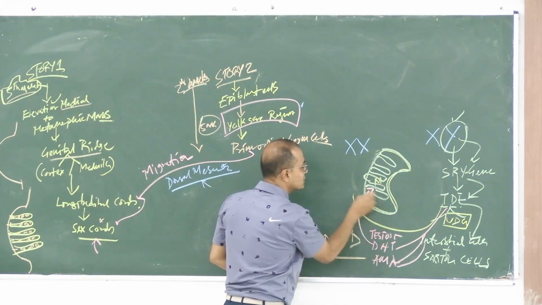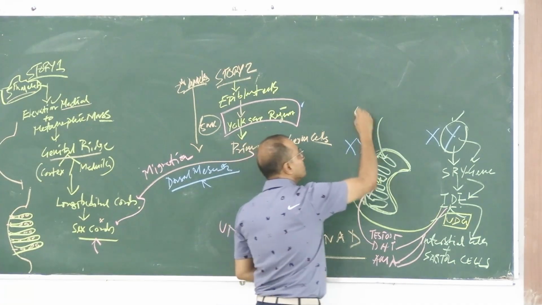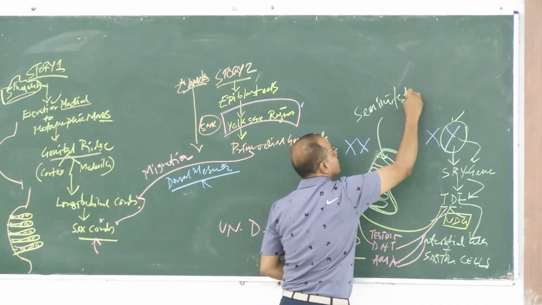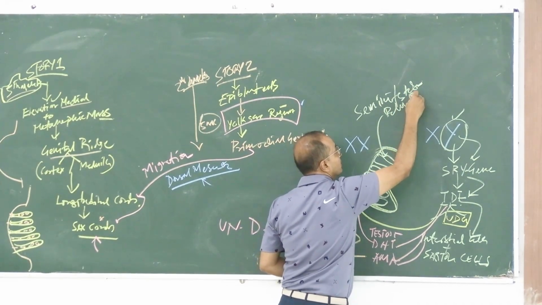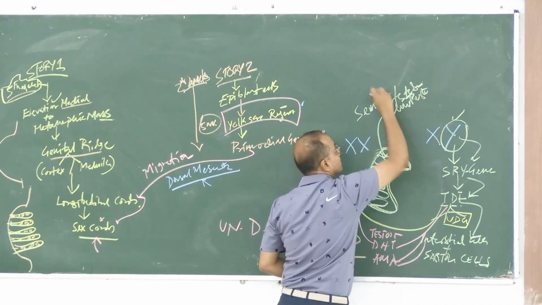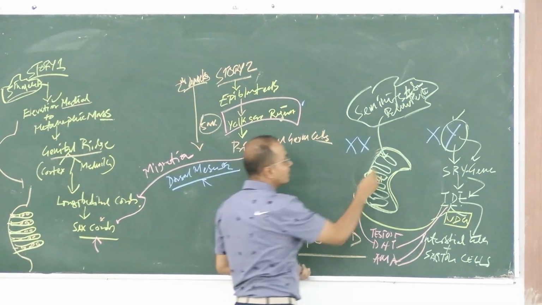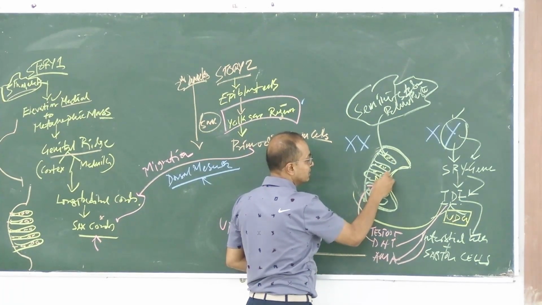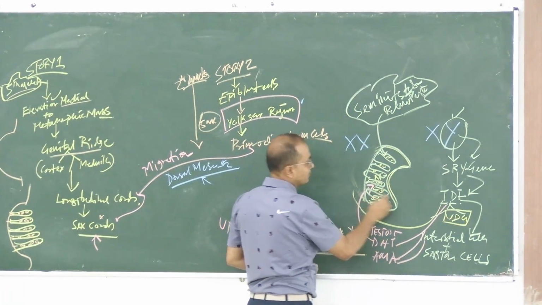That particular sex cord becomes seminiferous tubules and rete testis, and within this we have the germ cells existing, which become the spermatogonial cells or primitive sperm cells.